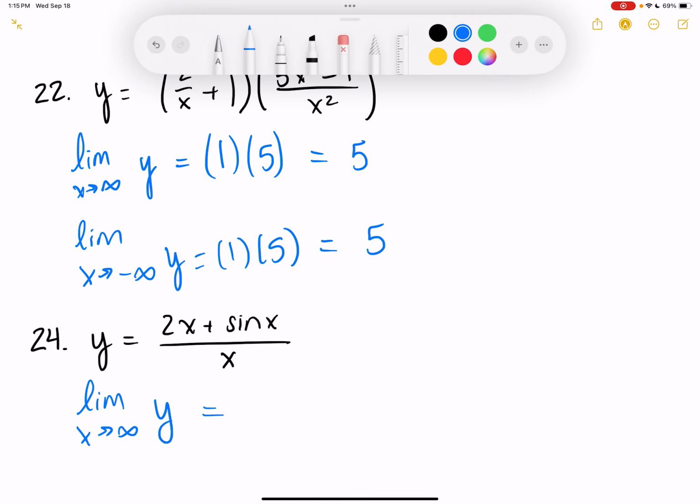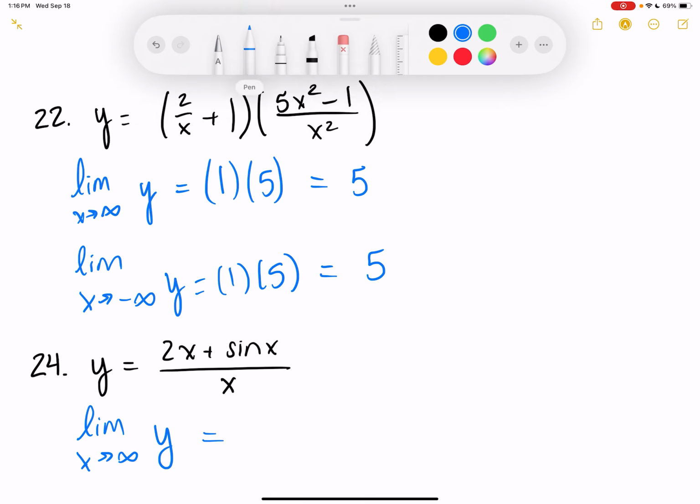What happens when I plug in infinity for x, or a really big number? What happens if I plug it into sine? It keeps oscillating between -1 and 1, so I can ignore that. We can kind of say that that's like the +1 part in the other piece. It's not literally, but that's kind of how you can think about it. It's irrelevant. So when I cover that up and I plug in infinity, what would I get?